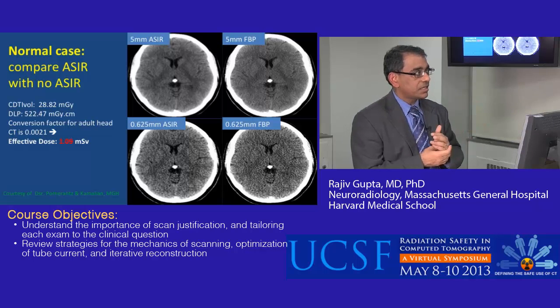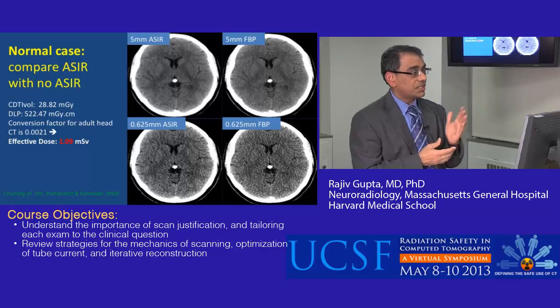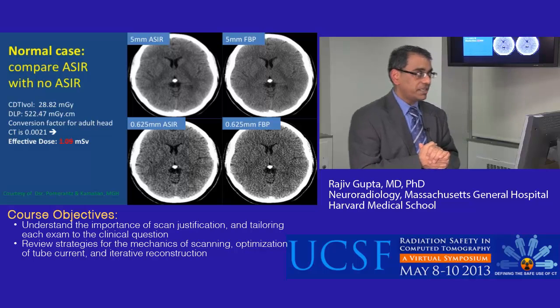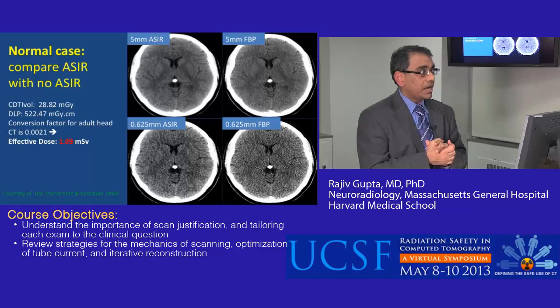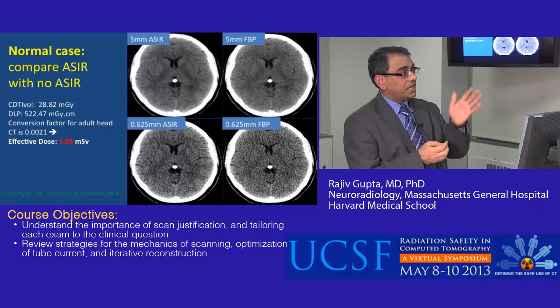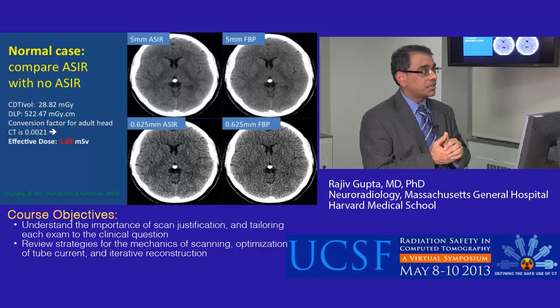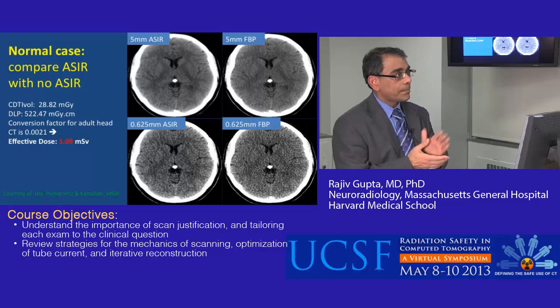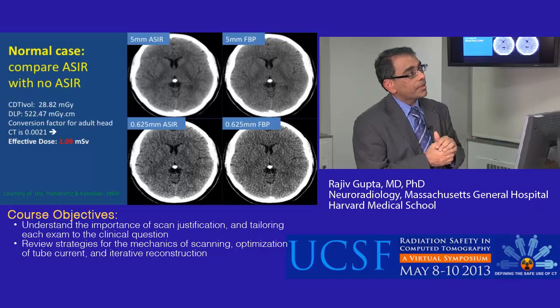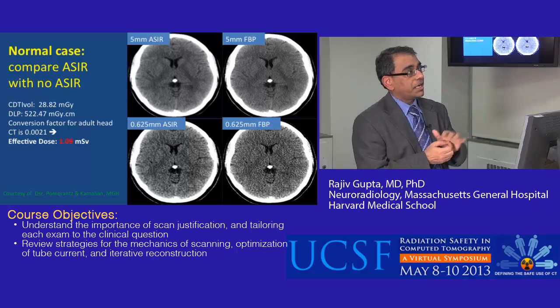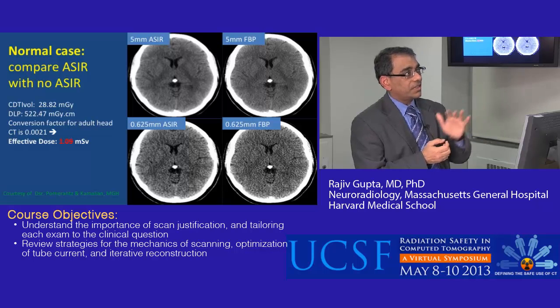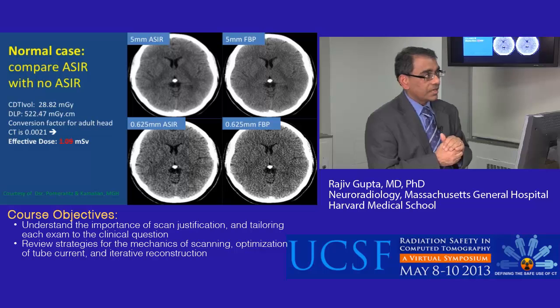Here is a case which uses an iterative reconstruction algorithm called ASIR, Adaptive Statistical Iterative Reconstruction from GE. On your left hand side is the reconstruction with ASIR, and on your right hand side you have the filtered back projection reconstruction, and what you see is that there is much less noise in the ASIR reconstruction.